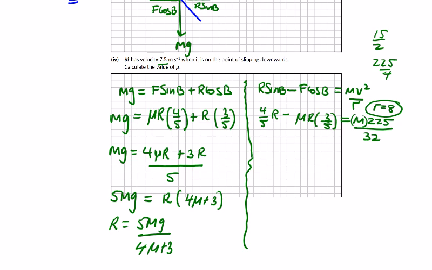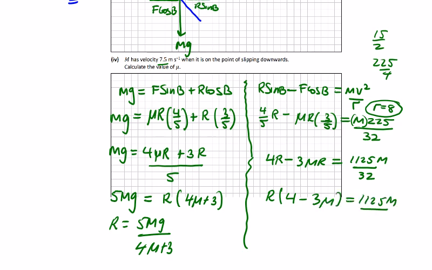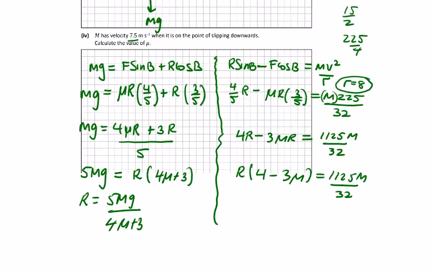So we're going to have, if I multiply by 5, maybe, if that makes sense, 4R minus 3 mu R would be equal to 225 by 5, 1125m over 32. I don't know if this is going to work. Let me see. R by 4 minus 3 mu is equal to 1125m over 32.